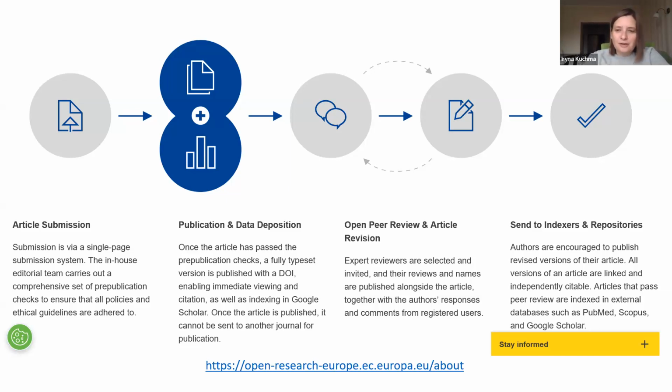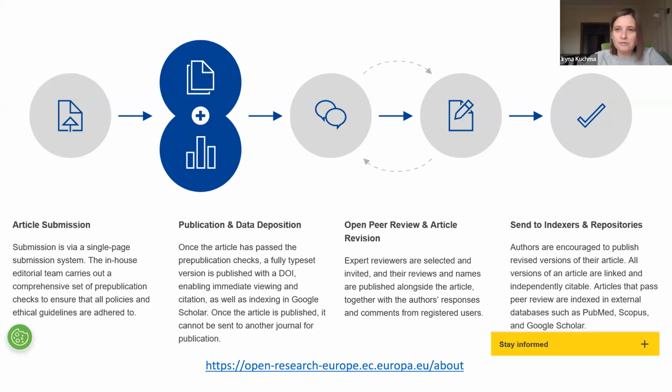Then they check the article for plagiarism. They check for some basic scientific quality. They check whether there is a data statement attached to this article, because they also have a data availability policy, and they check for ethical issues.